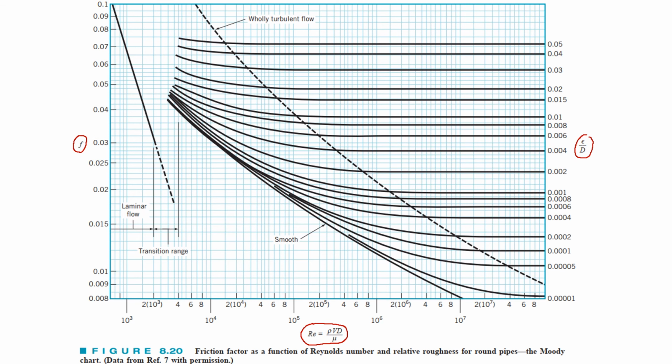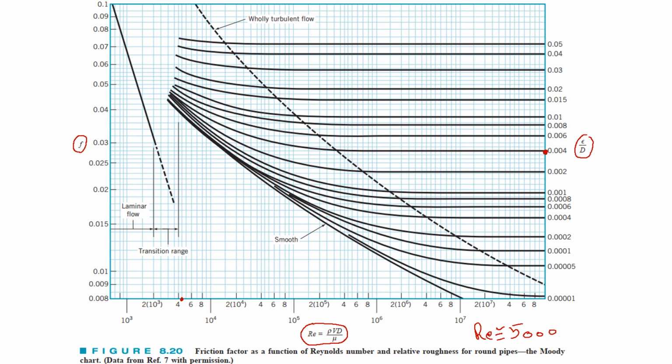So if, say, your Reynolds number Re is approximately equal to 5000, it will lie right here in this regime, and let's say that your relative roughness is given as 0.04.